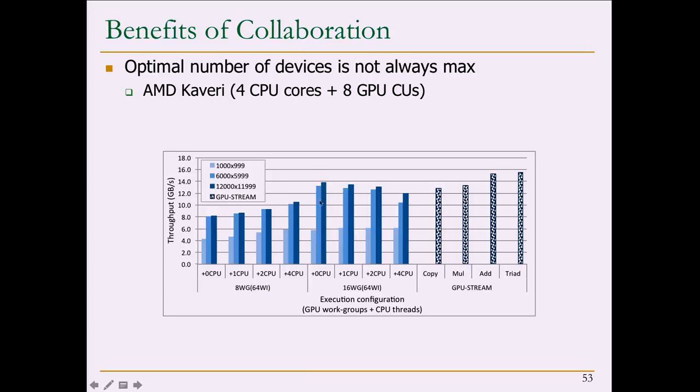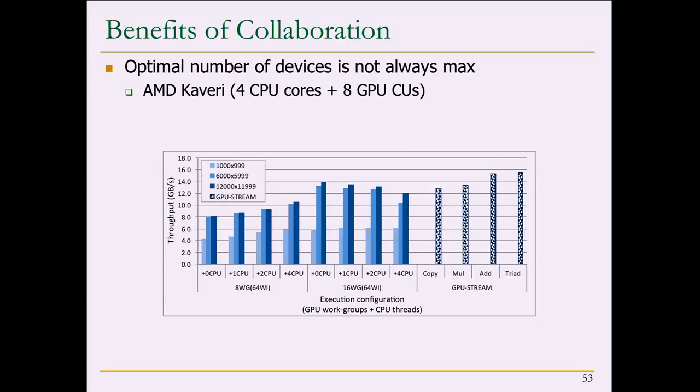The GPU-only version is faster than doing that with GPU plus 1 CPU thread or 2 CPU threads or 4 CPU threads. But essentially, the reason why this happens is because, as I said, this is a very memory-bound kernel, so we don't obtain any benefit because by just using the GPU, we are already exploiting almost all the available bandwidth.